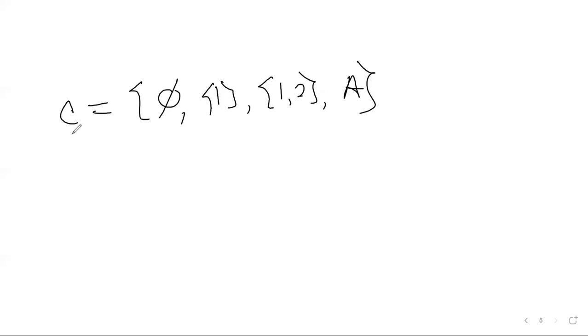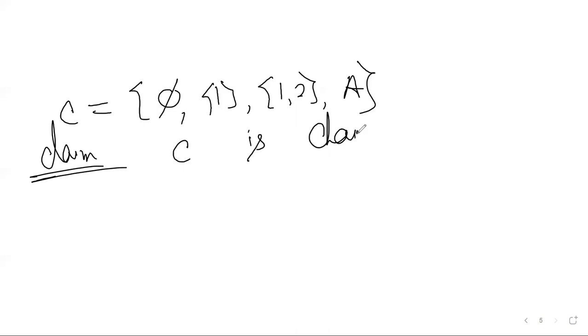That is why it is a chain. Claim: C is a chain. How to see?